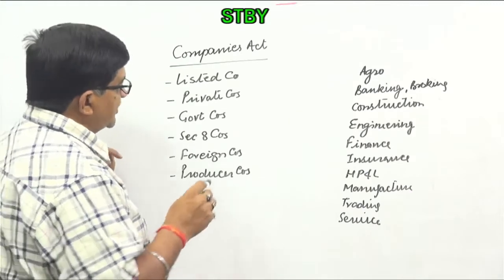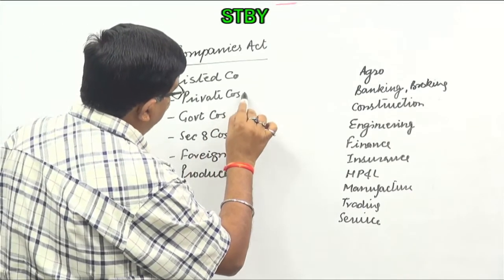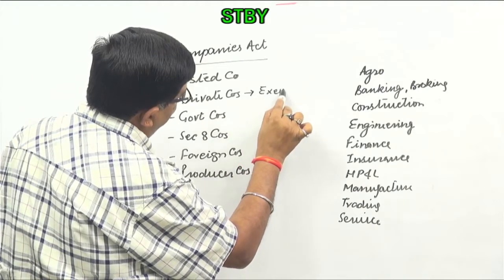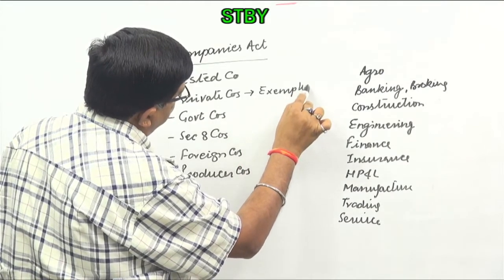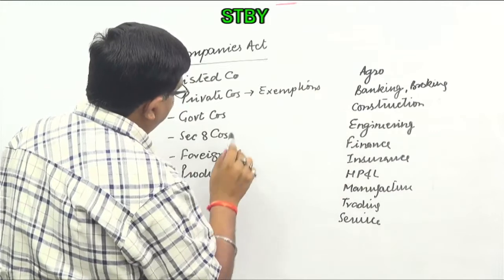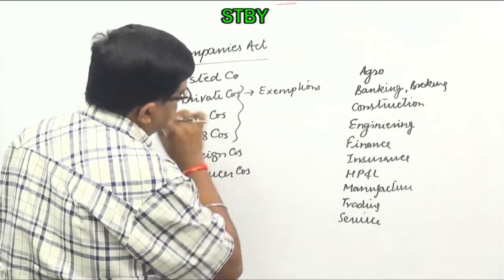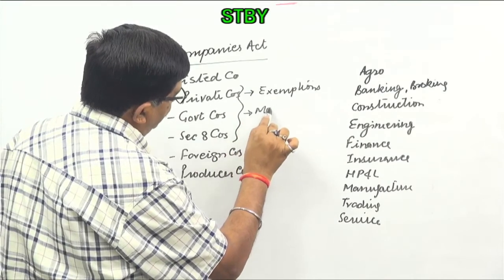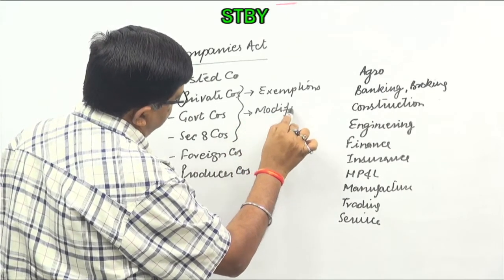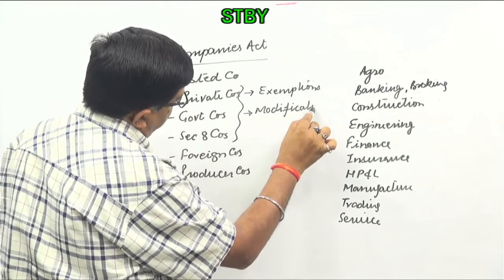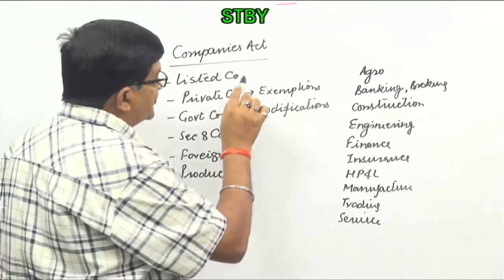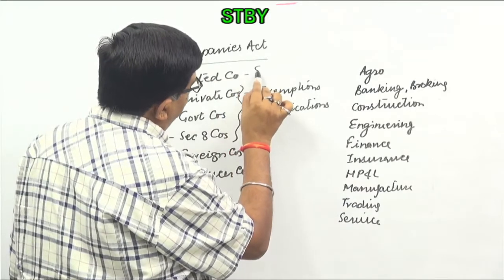Particularly for private companies, you have to understand what are the exemptions available. Similarly, for all three, what are the exemptions, what are the modifications. Listed companies, which are specific to listed companies only.